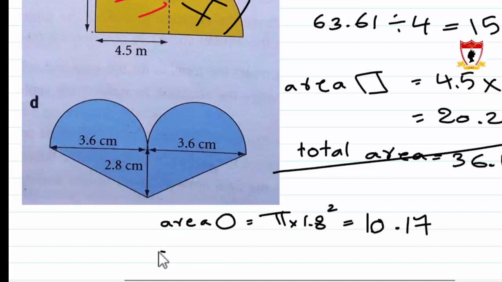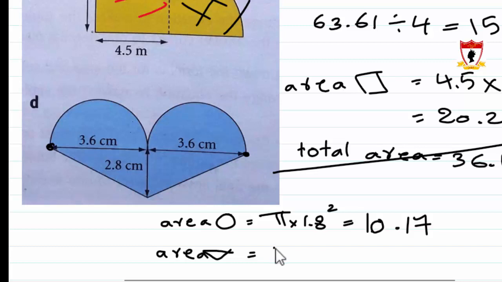The area of the triangle looks like this. Area of triangle is base times height divided by 2. The base is starting from here all the way to there. So 3.6 plus 3.6 is equal to 7.2.